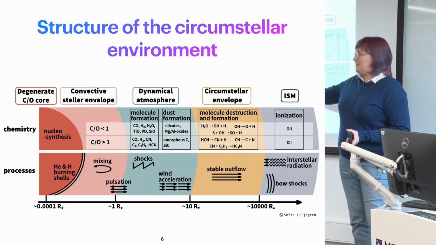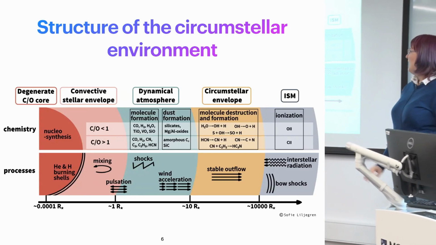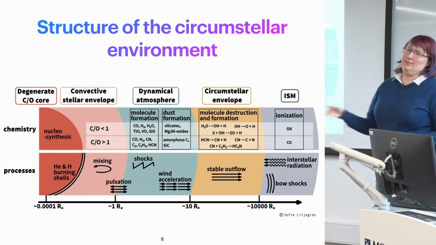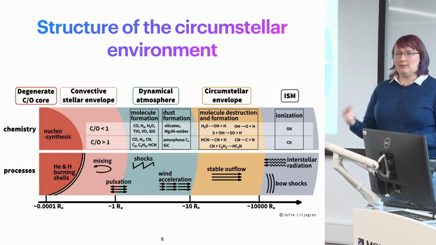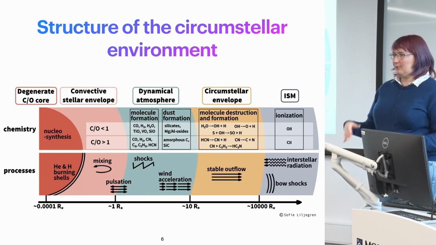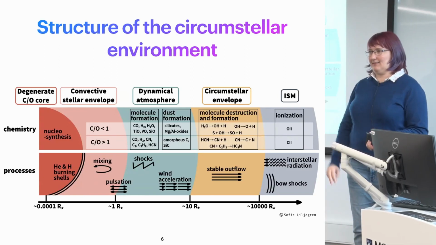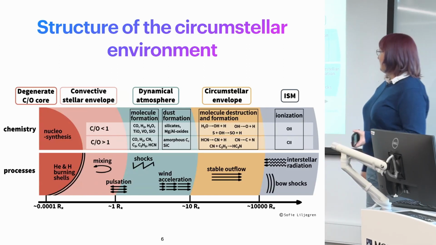The dynamical atmosphere and the circumstellar envelope are the two regions I mainly study. The dynamical atmosphere is the site of a lot of molecule formation and what we call parent species. Basically, molecules that are fairly simple and form in the atmosphere and then later on go on to form other things, hence the name parent species.